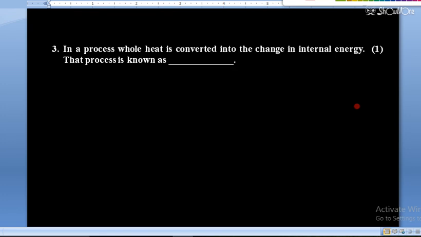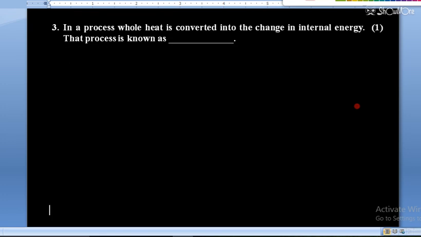Third question: in a process, whole heat is converted into the change in internal energy. Read the question carefully and try to answer again. Some students have attempted it very well with the logic, with the concept, but some students' answer was not right.